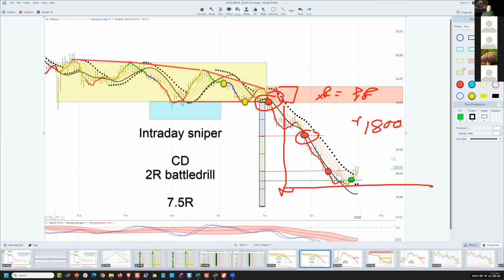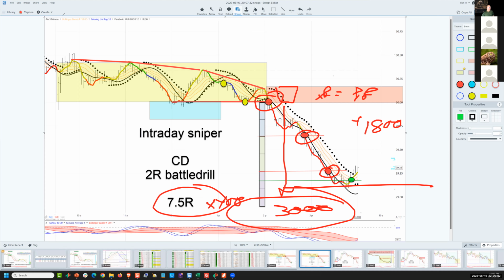If I implement the 2R and 4R battle drill, I come home with 7.5R times 400 is $3,000 on this trade today from 2 p.m. to 3:30. Stop trying to fight things inside this little grinding river.